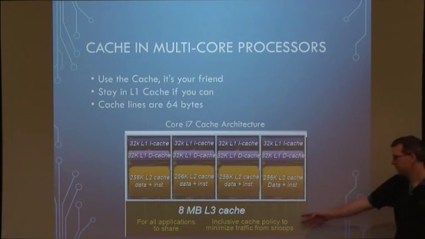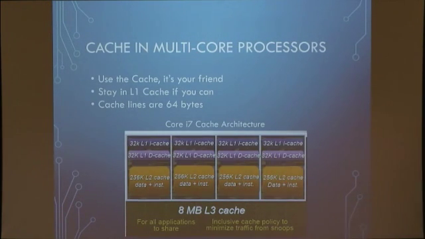Then you have 8 megabytes of L3 cache, which is shared among all 4 cores. So understanding the architecture and what you have to do to keep things in cache can make your application faster, especially if you're dealing with algorithms that are going to be executed billions of times.